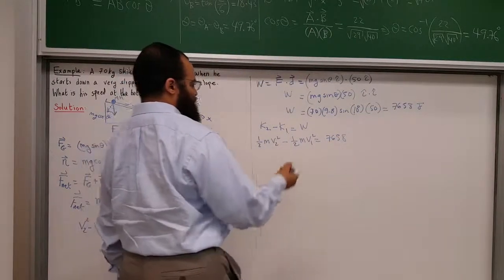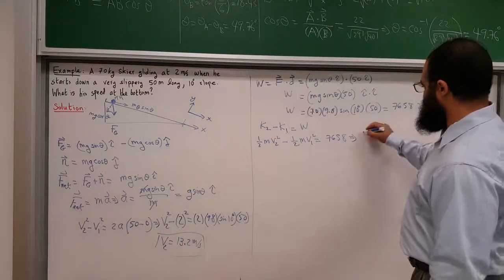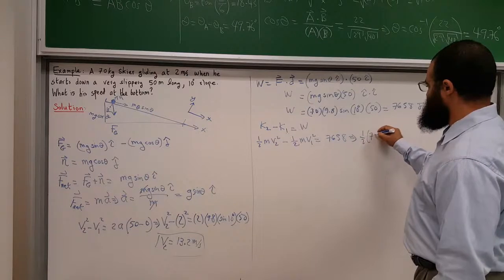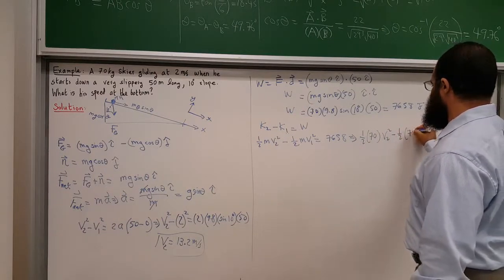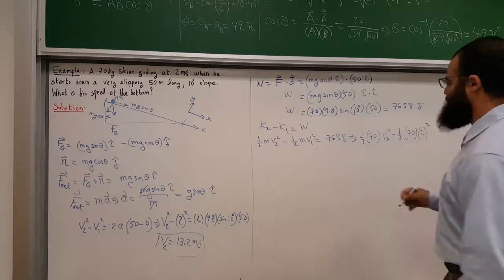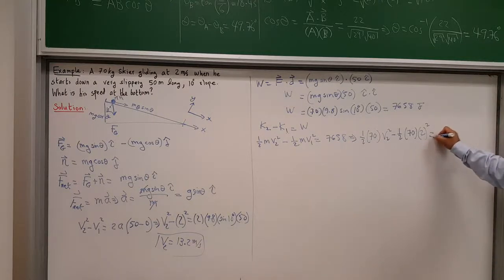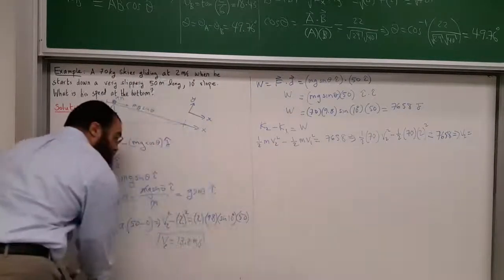And so I get here 1/2 times the mass of the person, 70, times v2 squared, minus 1/2 times 70 times v1 squared. The person was moving at 2 meters per second, so 2 squared. That's this part, equals 7658. And I will let you solve for v2 on your own. Well, guess what you will get? You will get 13.2.